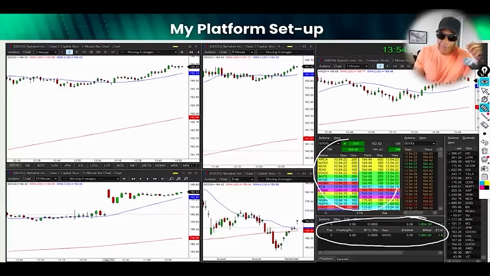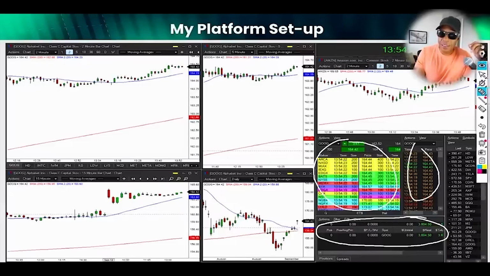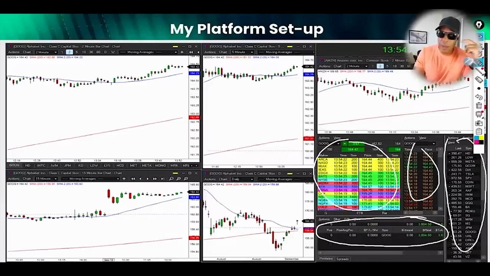This is my level 2 execution module. Here's my time and sales. And on the right-hand side here, you see my watch list of stocks. So I'll take a look at some of these as I'm looking for specific plays and setups.